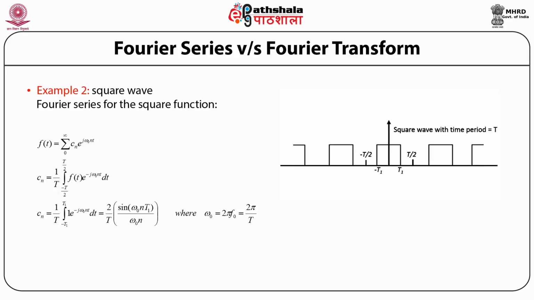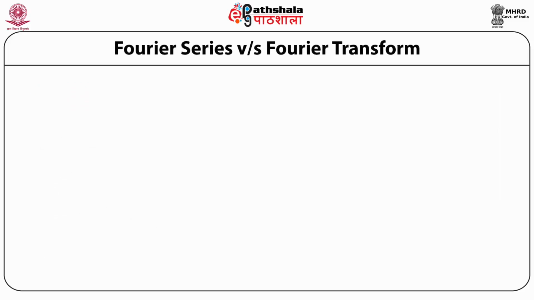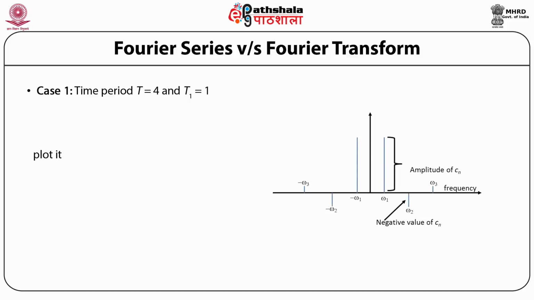Now let us plot this value of Cn to see the frequency spectrum. Let us see a few cases of how we can solve this value of Cn, and plot it on the graph as shown on the right hand side. Cn we can plot for a time period T equal to 4 and t1 equal to 1.